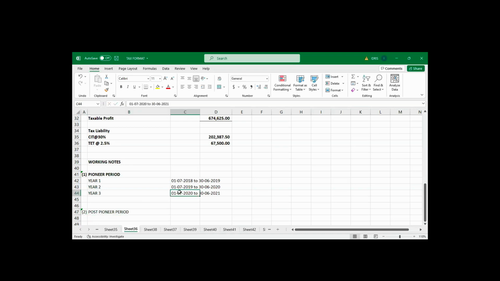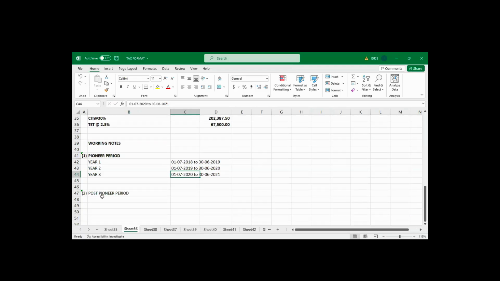This post-pioneer period is going to be based on year of assessment, basis period.